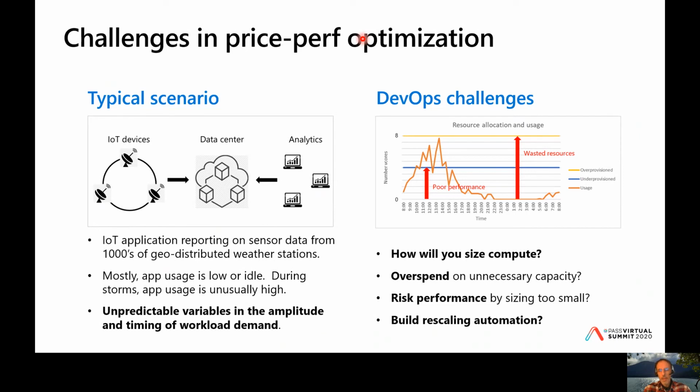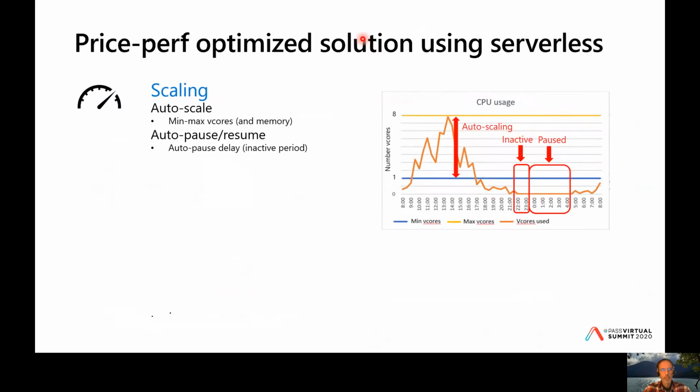If the database is already in the cloud, then you can take advantage of cloud elasticity and rescale the database, but this tends to lead to increased development costs as well as added operational complexity. So this scenario presents the kind of problem that serverless is intended to solve.